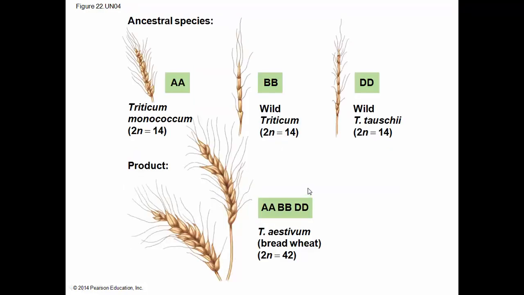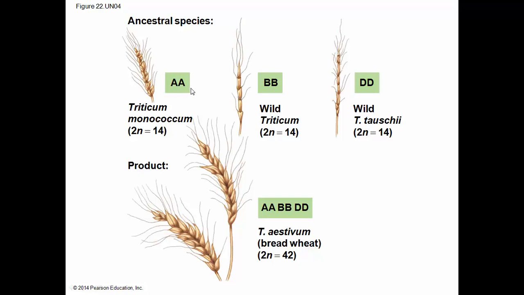Okay, here is polyploidy in wheat, and thankfully polyploidy does occur in plant species, because if you look at these original wheat species, Triticum monococcum is the original wheat that primitive people began to consume.